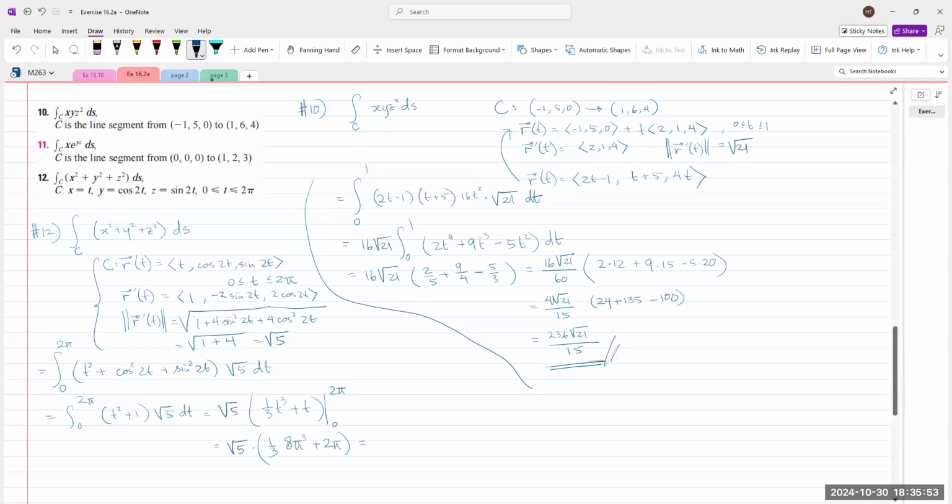I can factor the 2, I can factor the pi. So 2 pi radical 5 over 3 times, if I factor 2 pi out, that will be 4 pi squared plus 3. I see, right? That's for number 12.